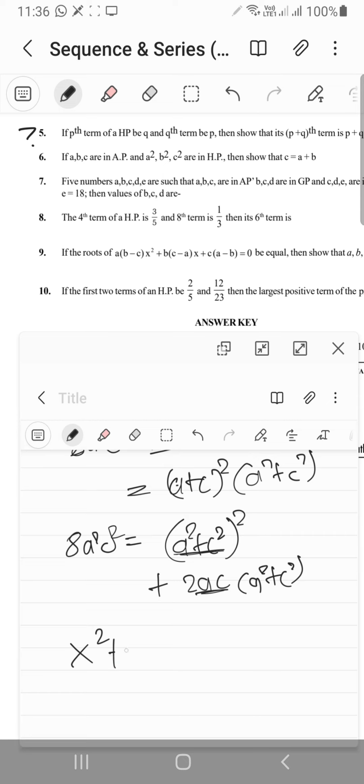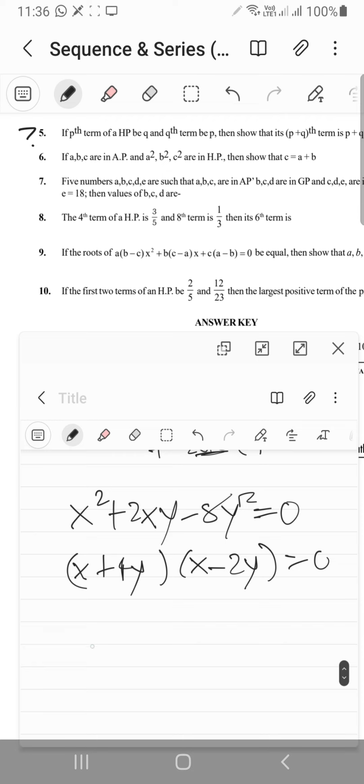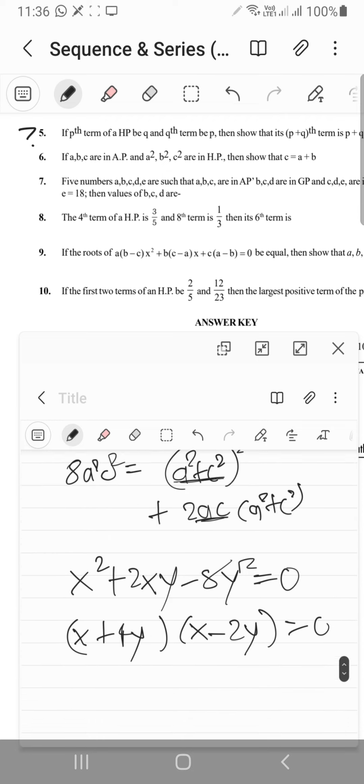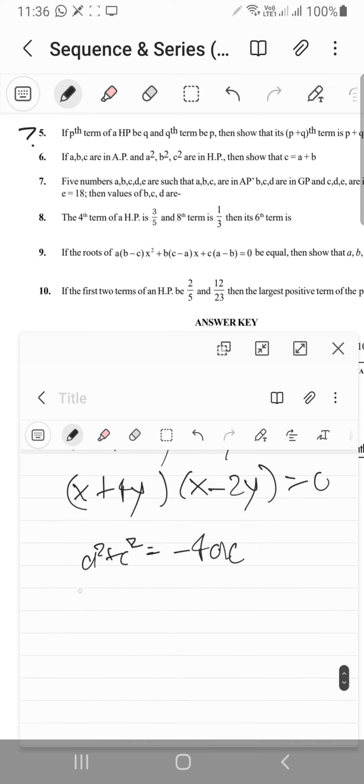So x squared plus 2xy minus 8y squared equals 0. So this is x plus 4y into x minus 2y equals 0. So x equals minus 4y. X is just a squared plus c squared. This being equal to minus 4y means it's equal to minus 4ac.